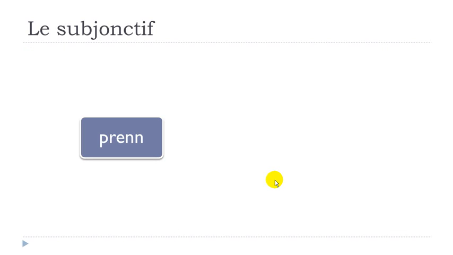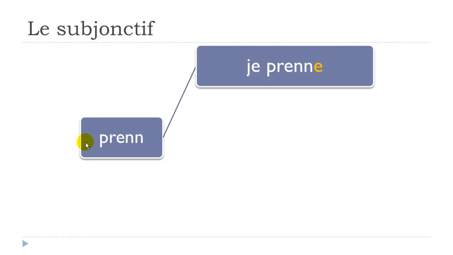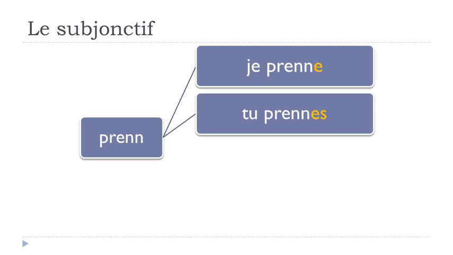What we'll do is take this first part, the part that we took away from this ils form, and then we'll put je. Je, so we take it back, have a look, it goes here, and we put the ending. The ending for je will be e. The ending for tu will be es.